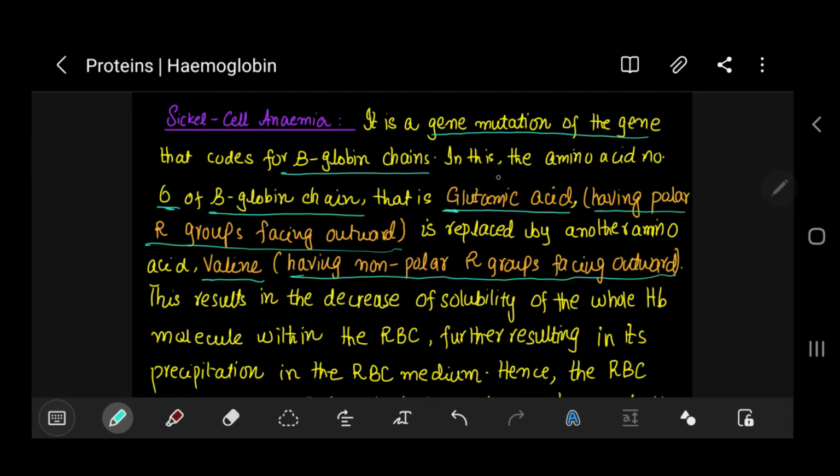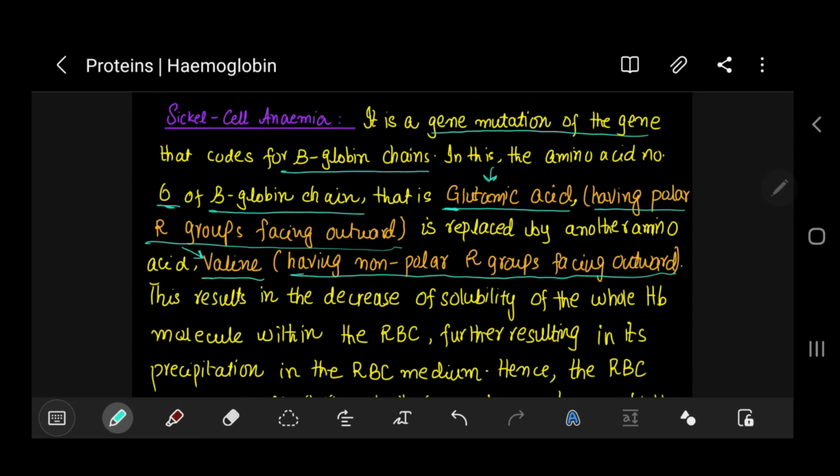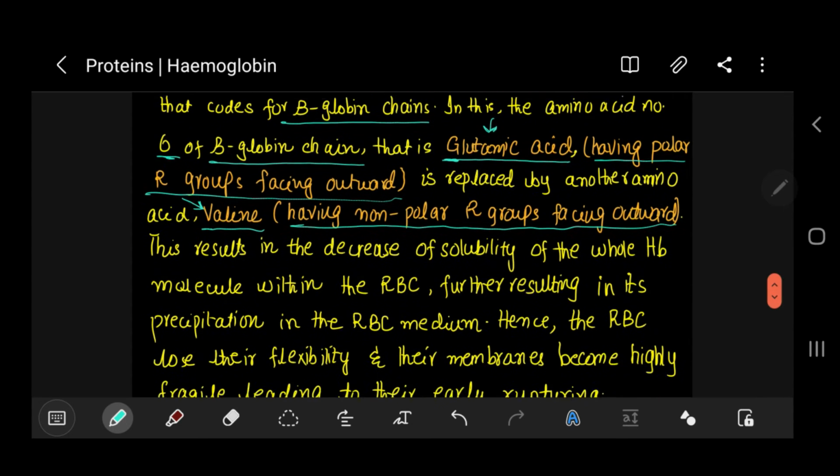So here's a solubility problem. Glutamic acid is soluble in polar solvents, and valine is not soluble. You see the problem?